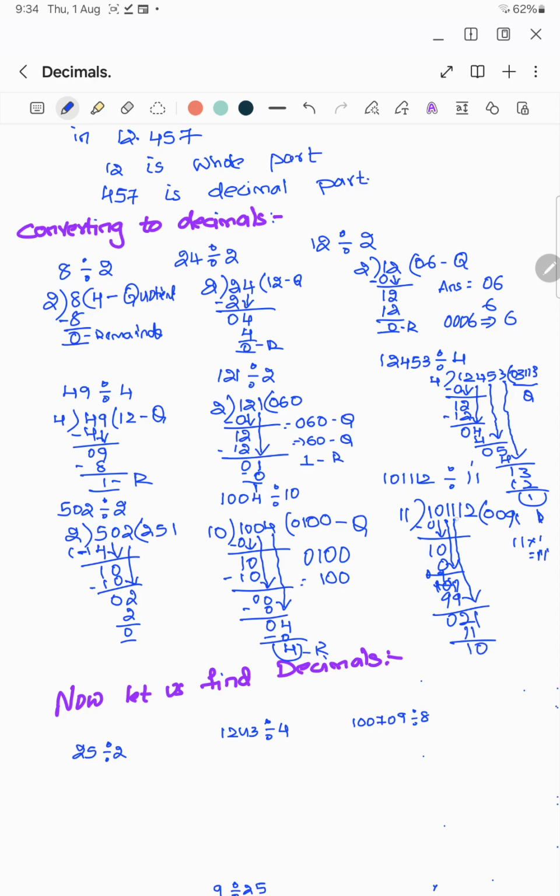Take another number as a carry on. Then 11 nines are 99. The remainder will be 101 minus 99 is 2, and take this 2 as a carry down. So this will become 22. 11 into 2 is 22. So this is the remainder, and the quotient will be 009192. This implies 9192 is the answer.